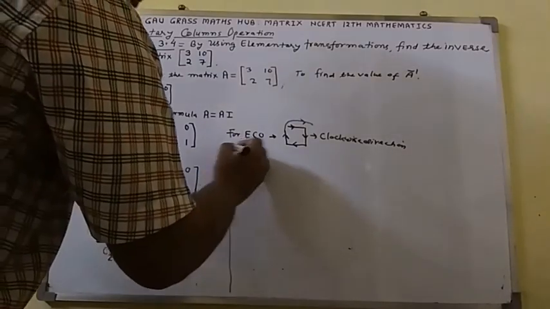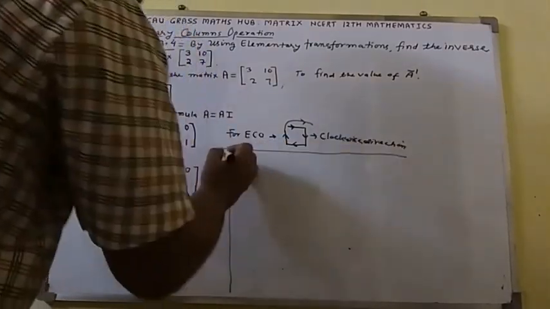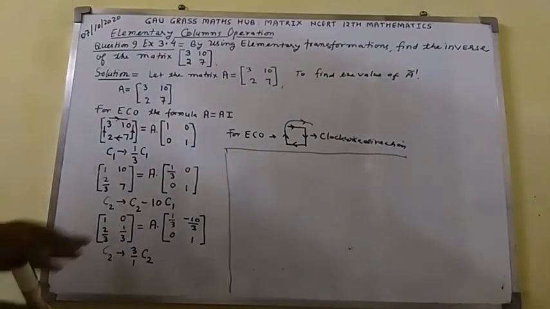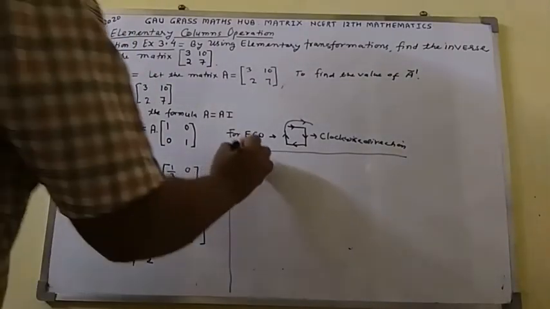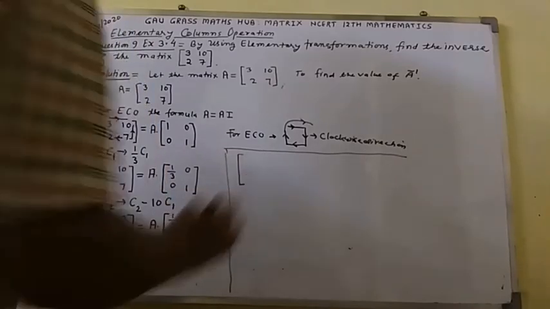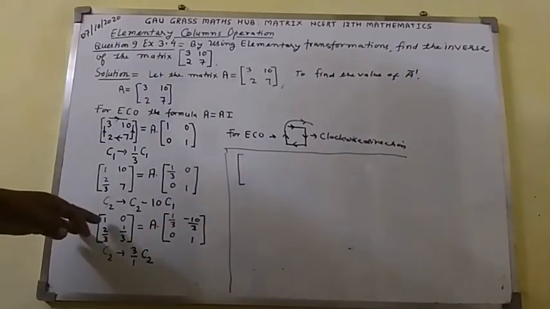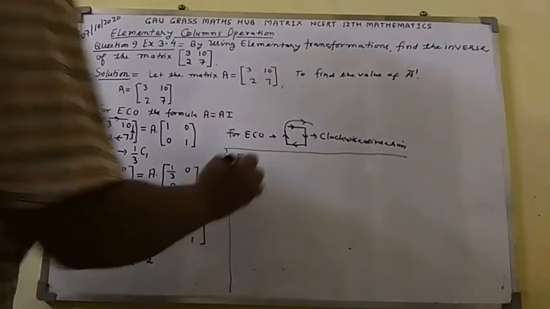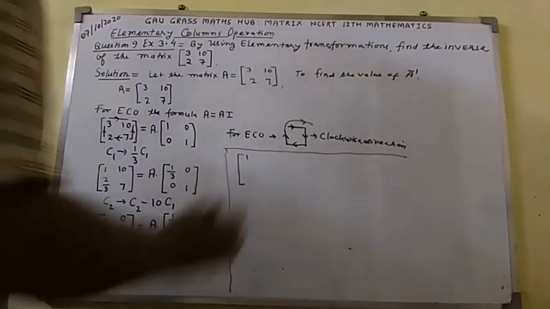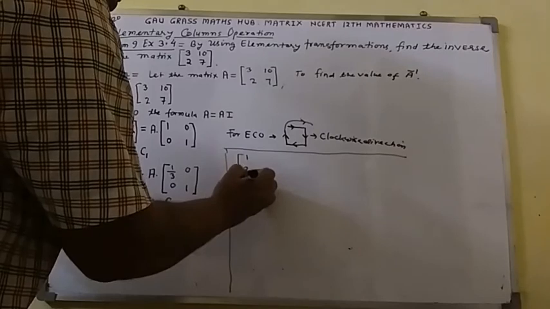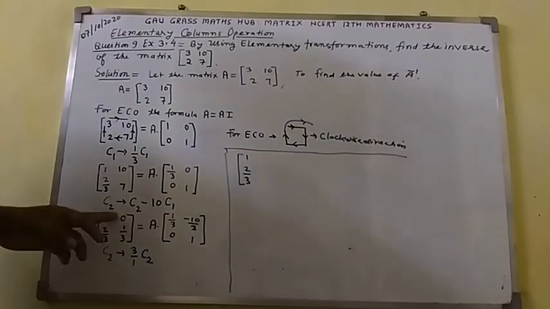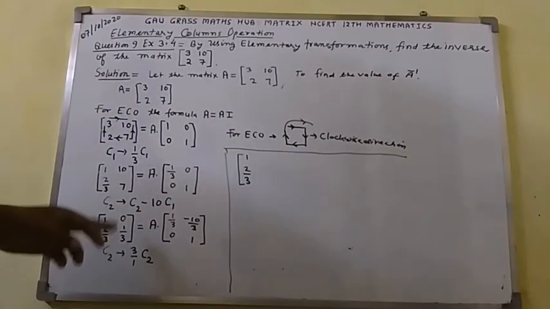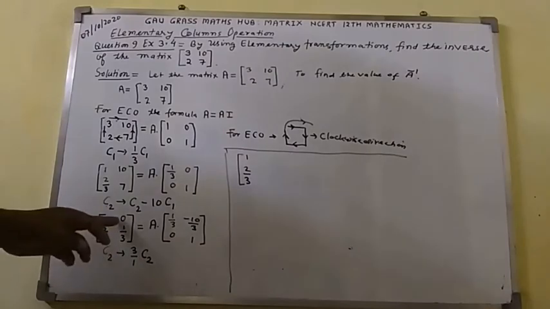Just draw a line. Here I am going to apply this property. So here I shall write the opening of a square bracket. The elements of the first column I shall write as they are: 1 and 2 over 3. And this element is in the second column, the first element of the second column, here 0.